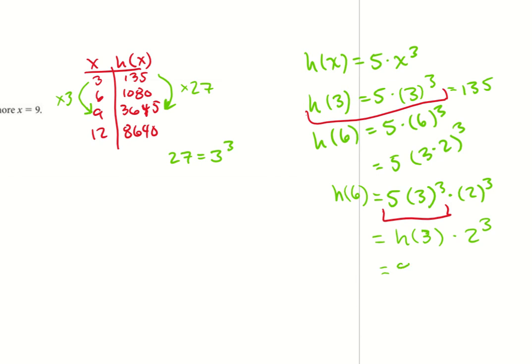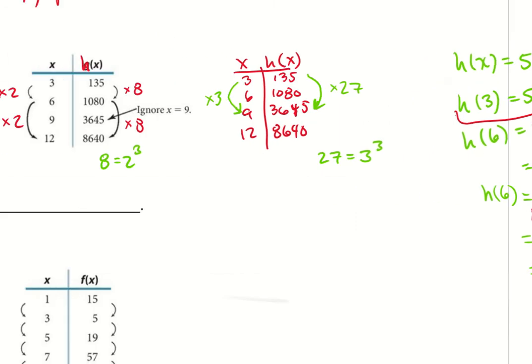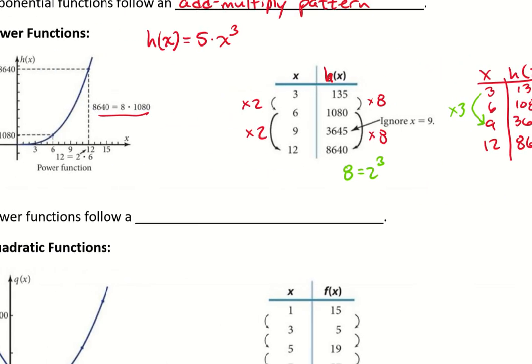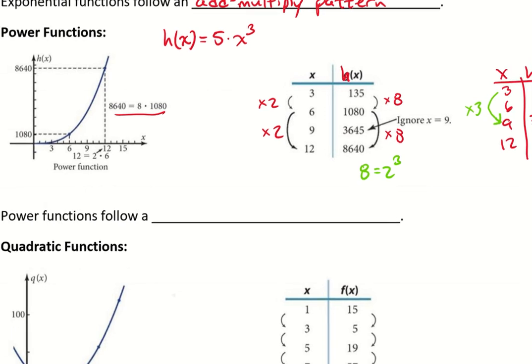So it equals 8 times h of 3. And so if we looked at multiples of 3, like if I did h of 9, I would have been able to factor out 3 cubed. And so each time I'd be multiplying by 3 cubed. So that's a little trick for figuring out whether it's cubic or x to the 4th or 5th or 6th. It helps you figure that out.